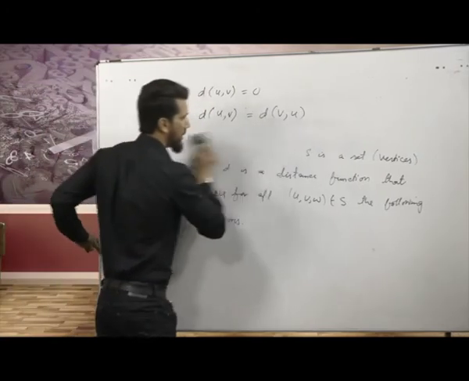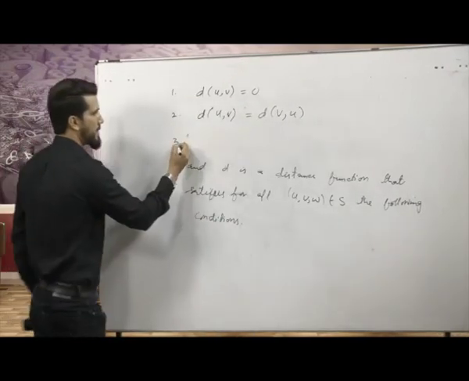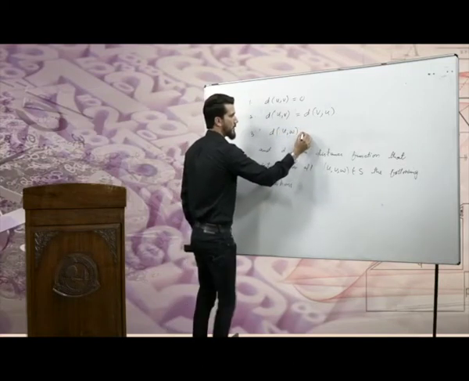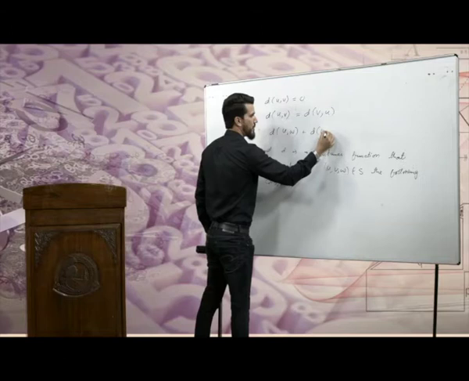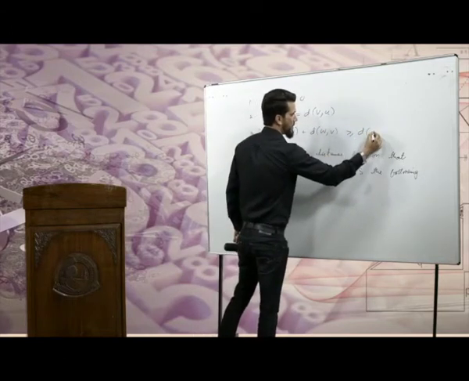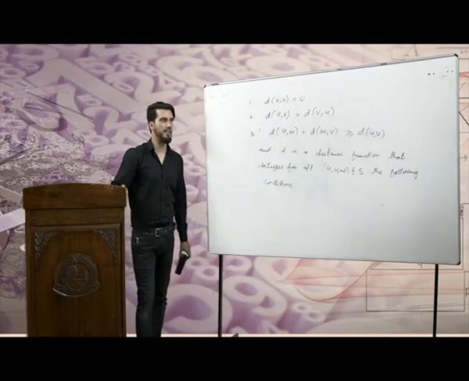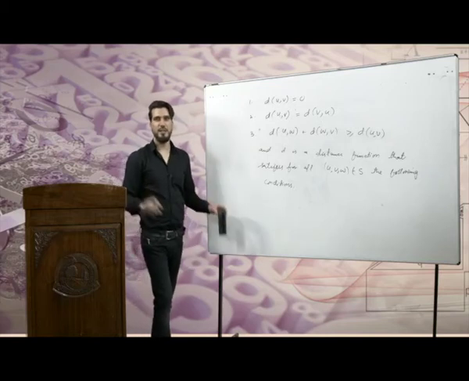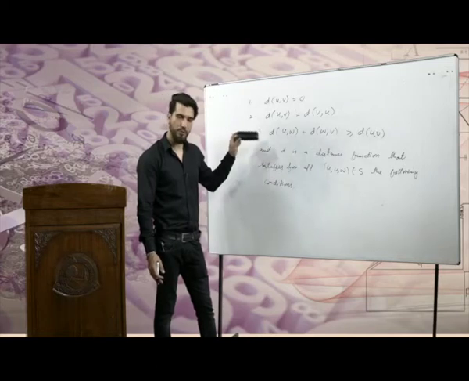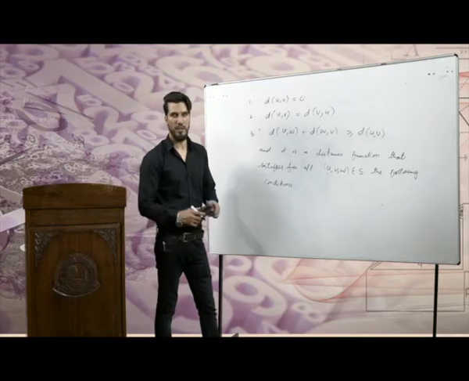And the third condition is that the distance between u and w plus the distance between w and v should always be greater than or equal to the direct distance between u and v. These are the three conditions that our traveling salesperson problem should satisfy for it to be called the metric traveling salesperson problem, and that's the kind of problem we will be trying to solve using the approximation algorithms.